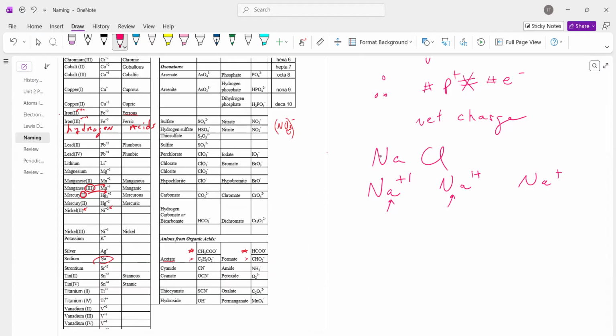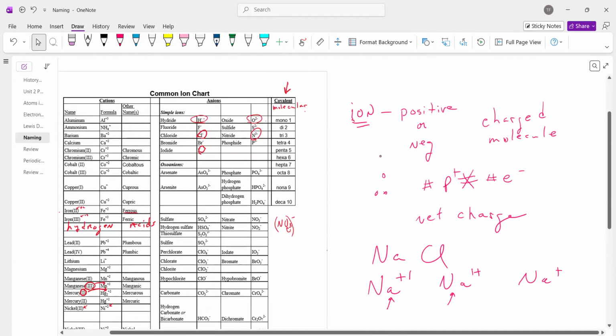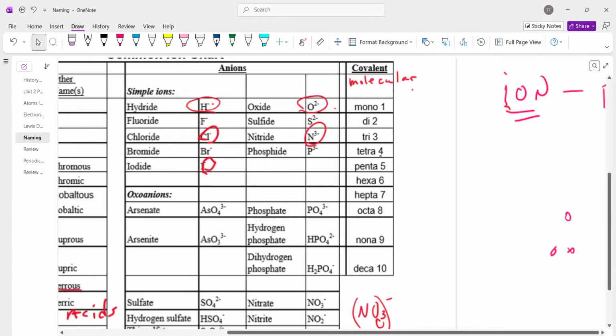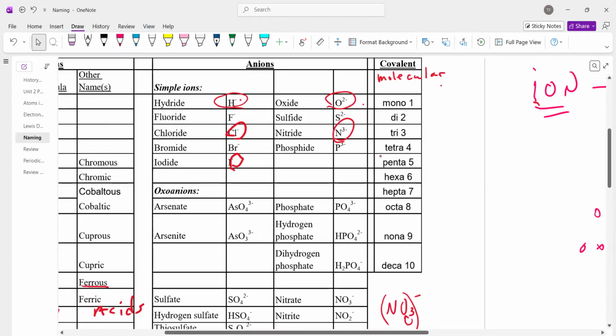Okay, what about chloride? Let's look up chloride. Now, chloride is going to be on the right side. And there it is. It's called a simple ion or simple anion. So these are all anions.